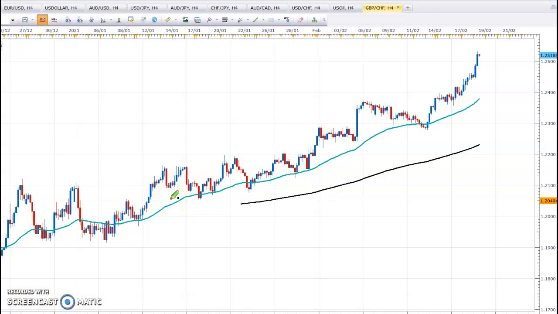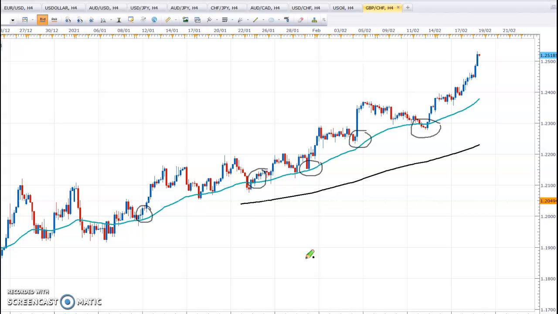So what we're looking for here as a safe entry is whenever the price moves above the 50-day moving average, then we are looking to enter.